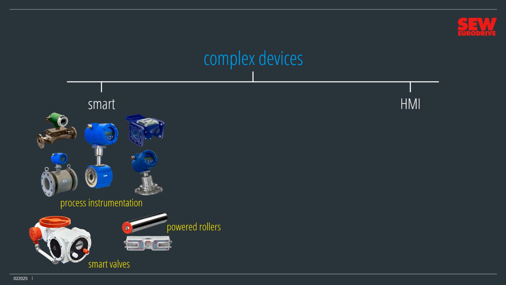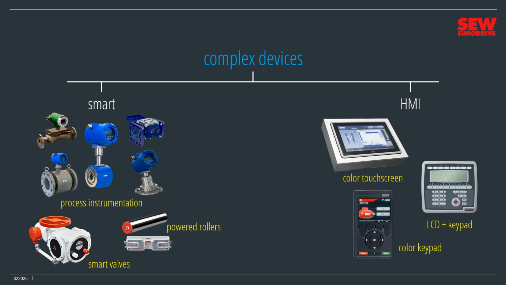And powered rollers used on conveyors have their own smart controller that accepts commands and reports their status to higher level controllers. Many HMIs have color touchscreens, but some have simpler LCD displays with an attached keypad. And some keypads attach to a compatible VFD, acting both as an HMI and as a configuration tool for commissioning and diagnostics.